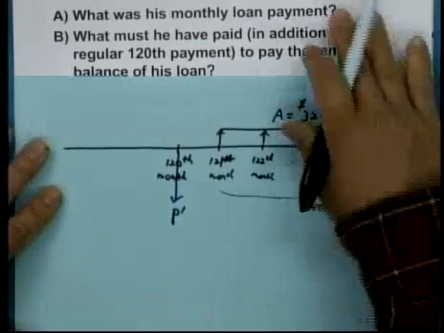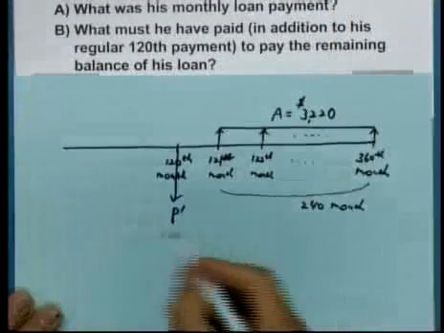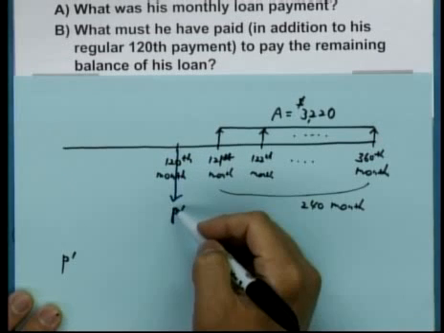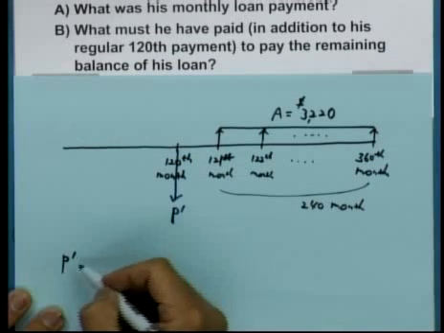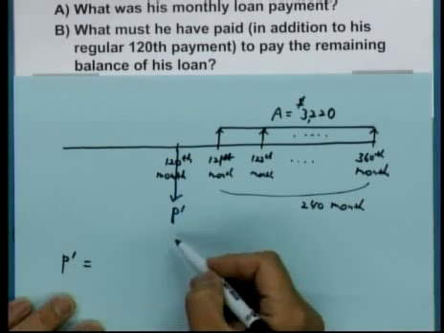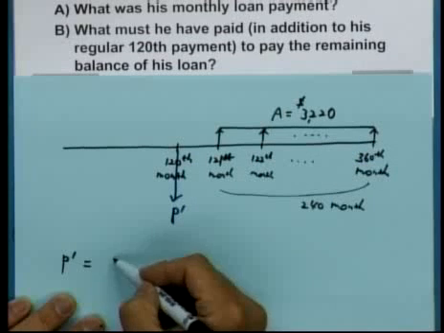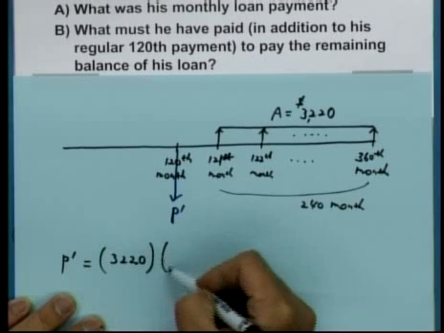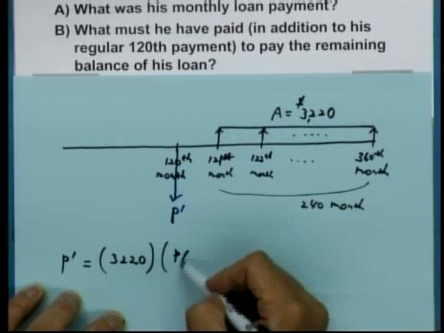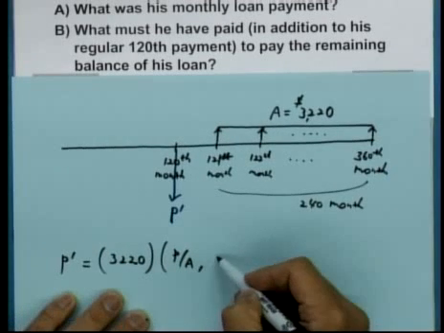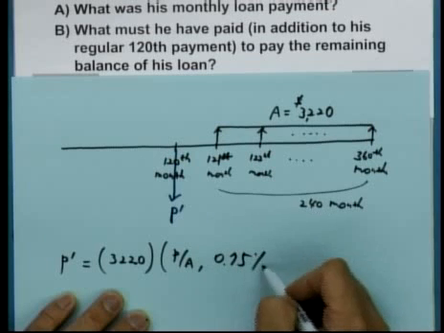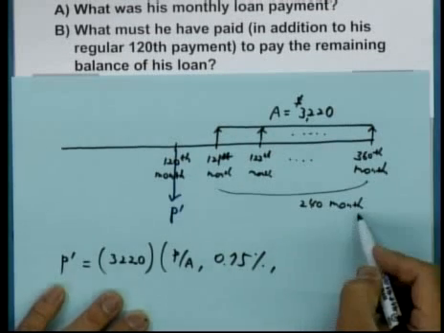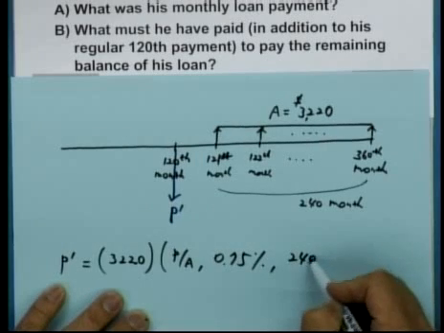So let's compute P prime at the end of 120th month. There is going to be A, which is $3,220 times P given A, right? And same interest rate, 0.75% over 240 months.